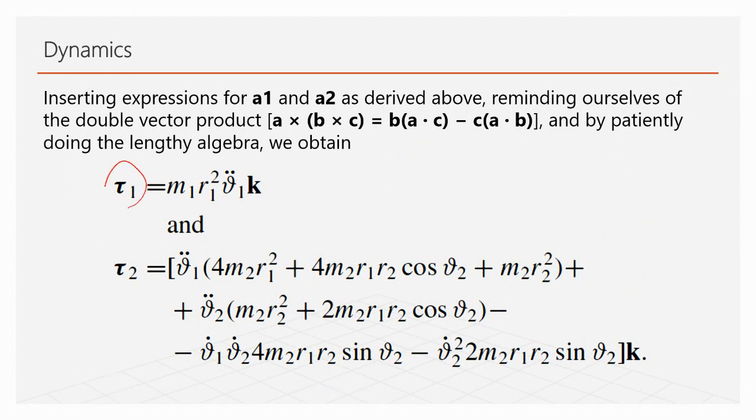Torque number 1 will be mass number 1, length squared, theta 1 squared in the direction of K, meaning Z. The second one is calculated, as you can see, depending on the structure and size of the arms and also the mass of the arm of the robot.